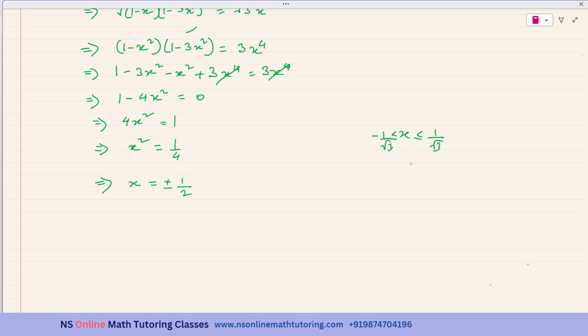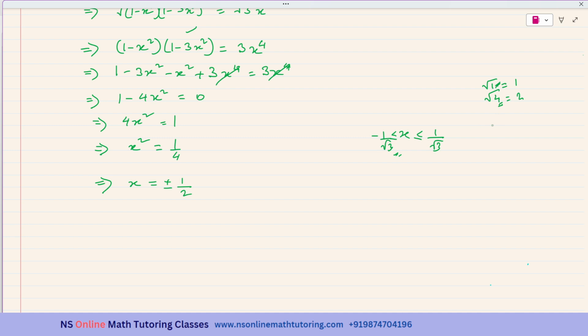See, we know that 1 square is 1, so root 1 is equal to 1 and root 4 is equal to 2. So root 3 is between root 1 and root 4, and this 3 is more towards 4 than towards 1, closer to 4 than to 1.